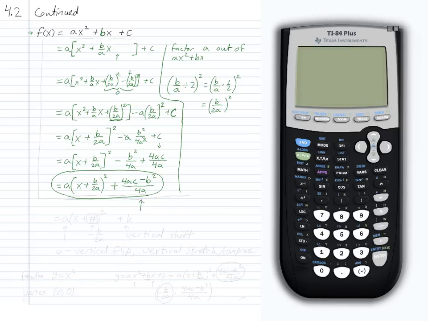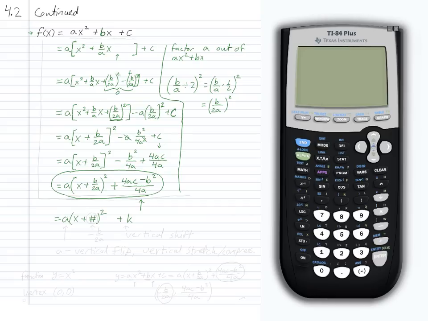Well, if I think of this stuff, this is just plus some number. I'll call it k. And here I have a times x plus some number squared.